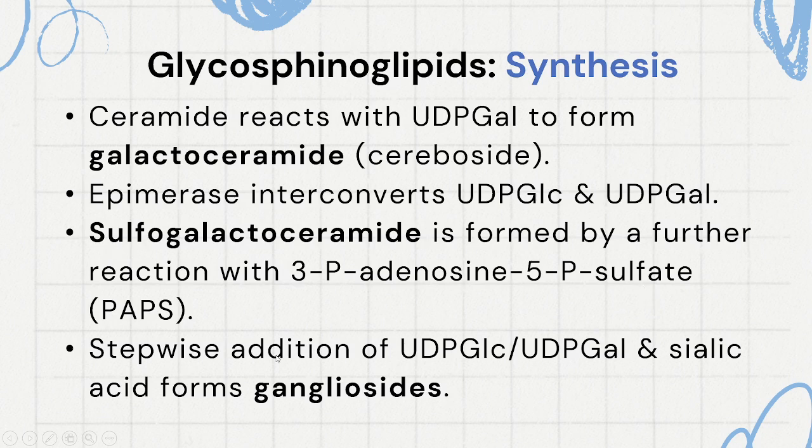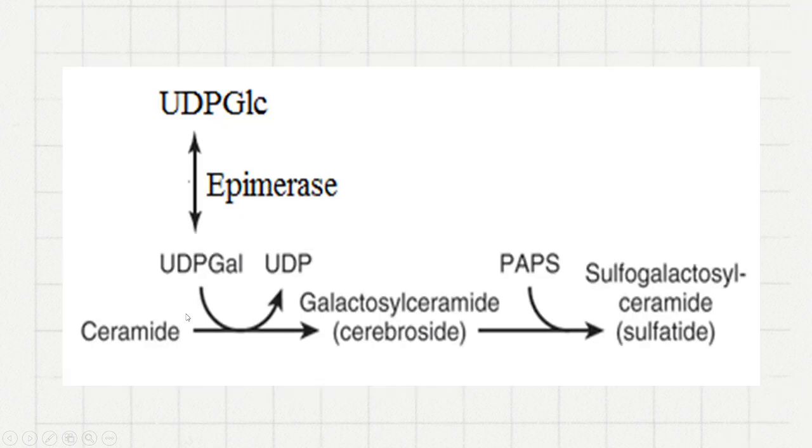And then there is stepwise addition of activated compounds, UDP glucose and UDP galactose and sialic acid, to form gangliosides. So it starts with ceramide as a parent molecule. UDP glucose and UDP galactose, as we said, are interconverted by an epimerase. UDP galactose will react with ceramide with release of UDP to form galactosyl ceramide.